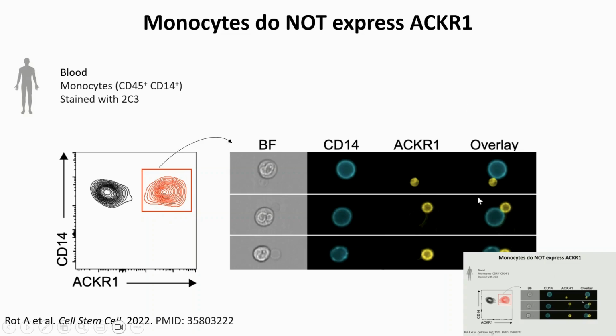We looked by imaging flow cytometry, and it turned out that monocytes do not express SEKR1. Again, this is a complex made of one monocyte and one red blood cell which do express SEKR1. So here you can see the overlay, a monocyte here and red blood cell, and the same for the three other images. So the conclusion of this experiment is monocytes do not express SEKR1.